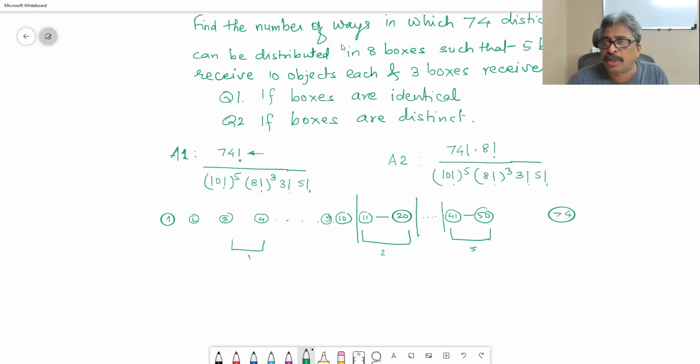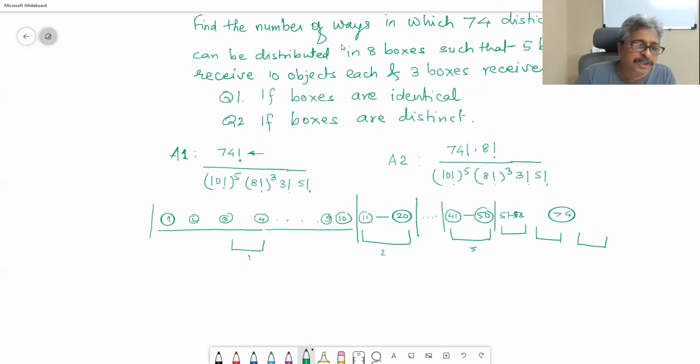Then you have 3 boxes that receive 8 objects each. I do this partition 51 to 58, and they go in the next box and the next box. That is all done. Now the problem is that these first 10 objects are in the first box.